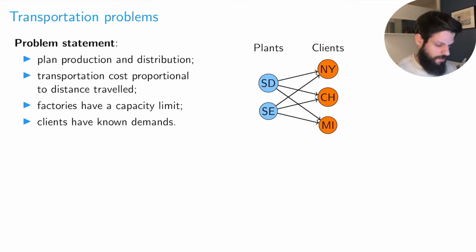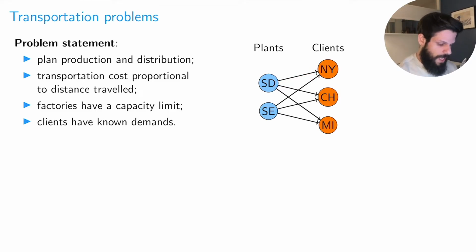So basically, you have a collection of production plants that are supposed to produce given products and then send them to clients. What you have to take into account is what will be the amounts produced in each of these plants, and how much is going to be sent to each of the clients, taking into account things like production costs, perhaps, but most importantly, because it's a transportation problem, transportation costs, which are associated with the transportation arcs.